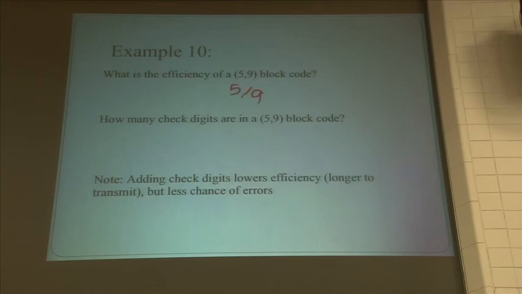Now, how many check digits are in a (5, 9) block code? Remember the layout? Five is the original amount. 9 is after adding the check digits.